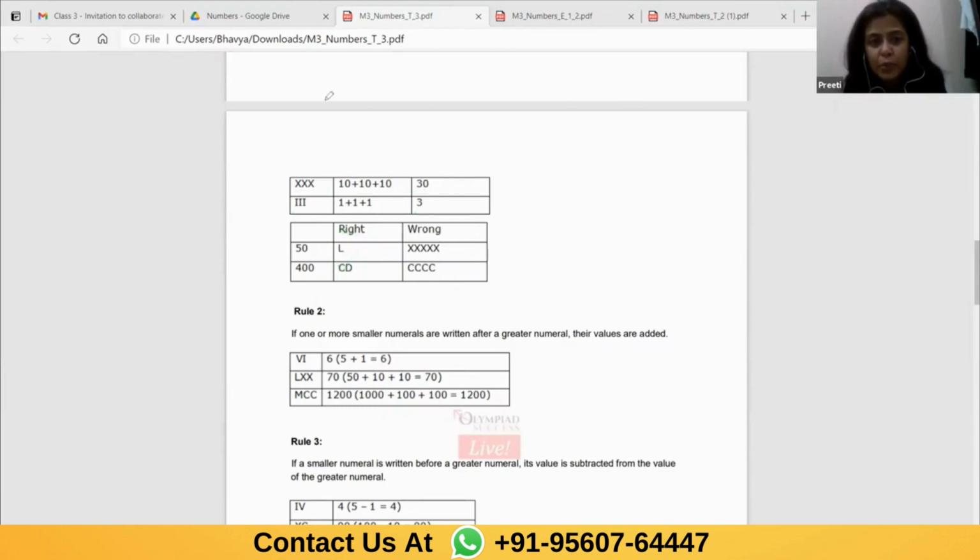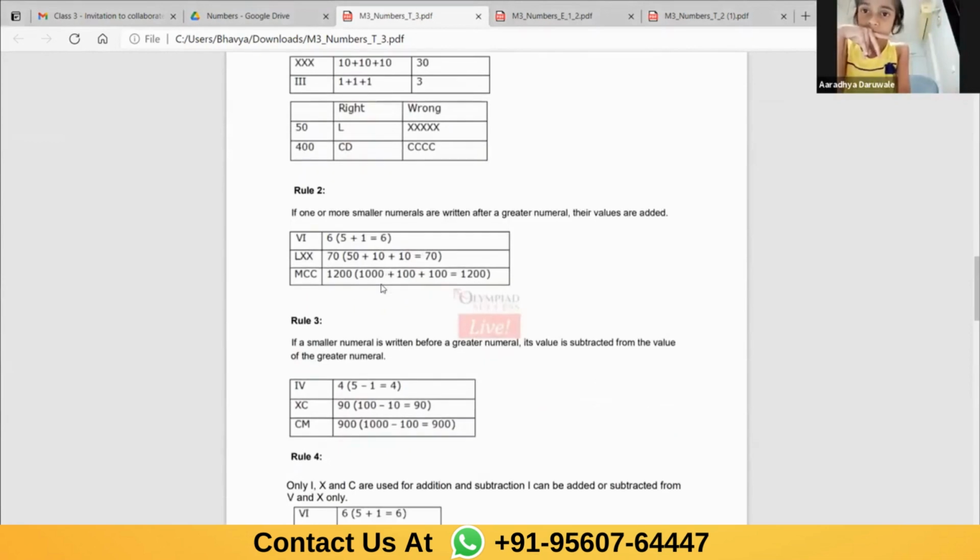Now come to rule number 2. If one or more smaller numerals are written after a greater numeral, their values are added. Tell me which is bigger. Is I bigger or is V bigger? Ma'am, V is bigger. And I is smaller.